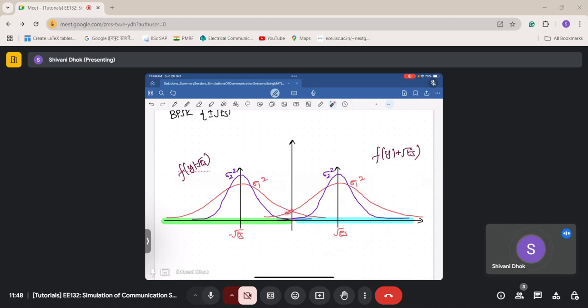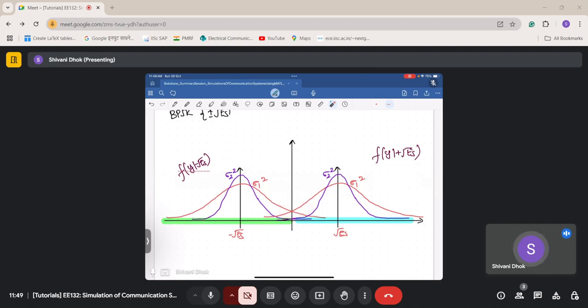Now if you see this particular value or the region of the conditional PDF corresponding to ES, it is having larger values in the region of minus ES, and similarly here. So the probability of error here will be larger.